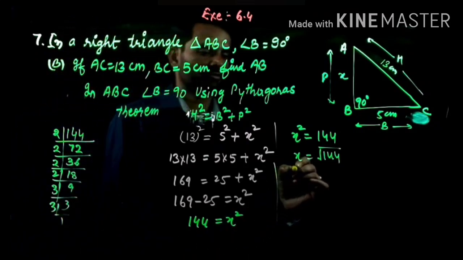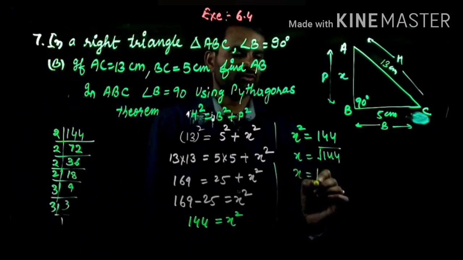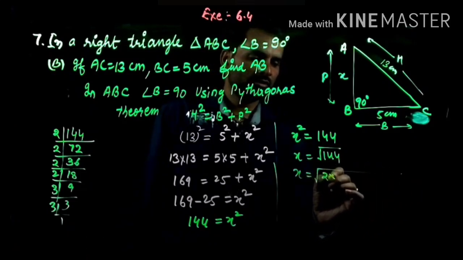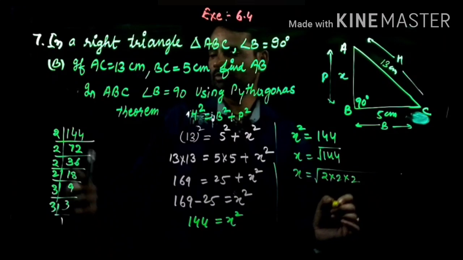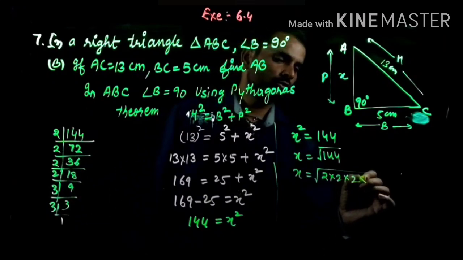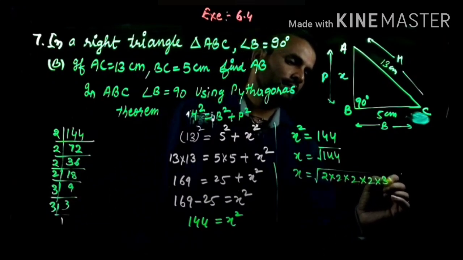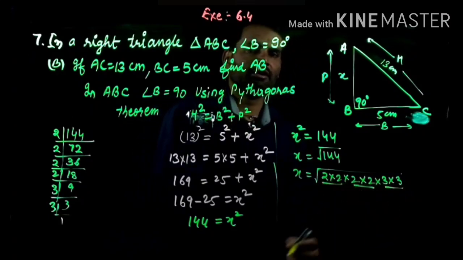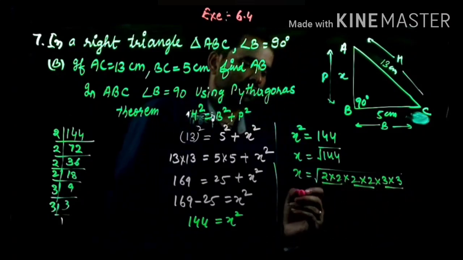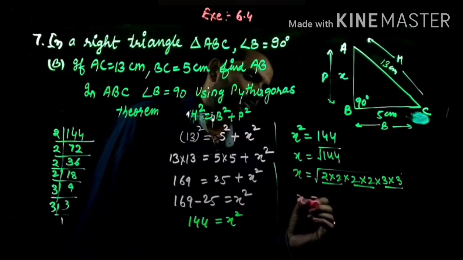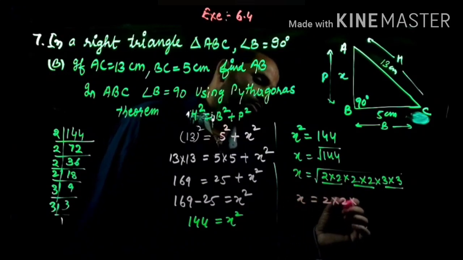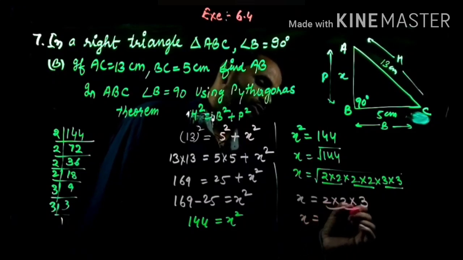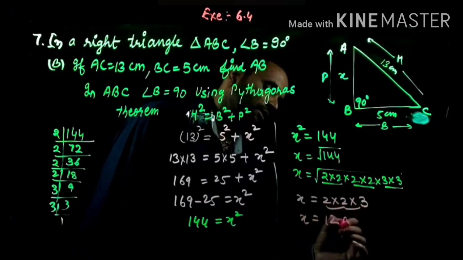So you write x is equal to root of the value of 2 into 2, how many times? 4 times 2 and 2 times 3, and make the pairs, 3 pairs in total. Okay, then you write x is equal to 2 into 3 into 2, 2 2s are 4, 4 3s are 12 meter.